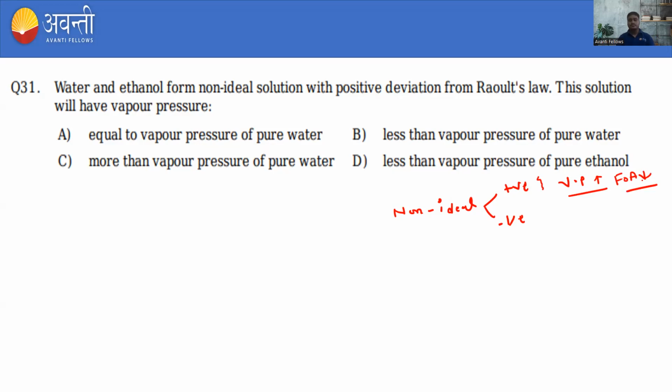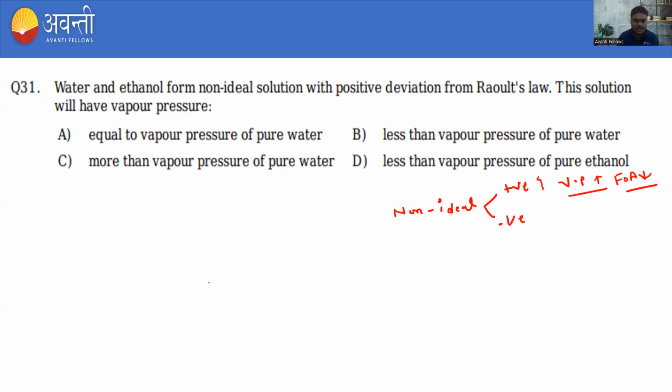As the force of attraction between water and ethanol is very less, the vapor pressure increases. So we can say it is more than the vapor pressure of pure water. That is what the question is asking, right?